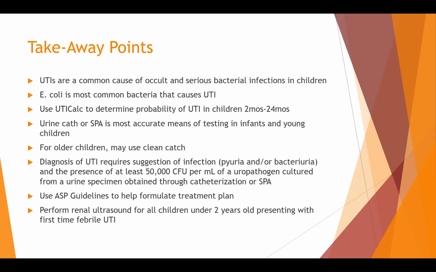And then don't forget diagnosis. You've got to have both pyuria and/or bacteria with the presence of at least 50,000 of a uropathogen through catheterization. Look up those AAP guidelines. They're very good. And then renal ultrasound for children under 2 presenting with a first-time febrile UTI.